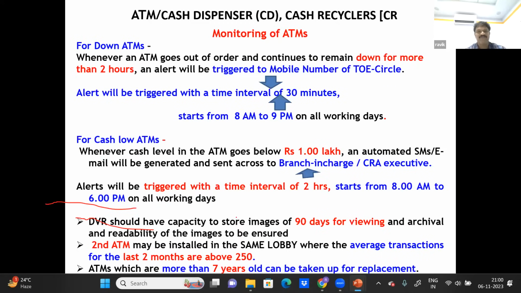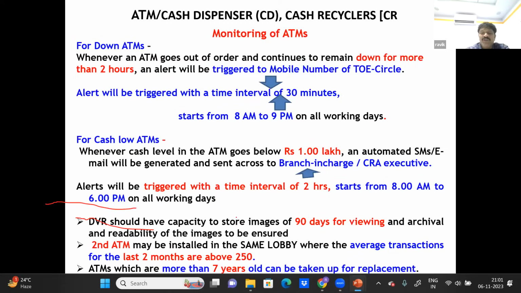So what the bank has made as a methodology is, if down for more than 2 hours, an alert will be triggered to the mobile number of the TOE, Technology Overseeing Executive, Circle Office. At Circle Office, some DM, AGM will be appointed as a TOE. Immediately you will get a message, sir, some branch ATM is down.